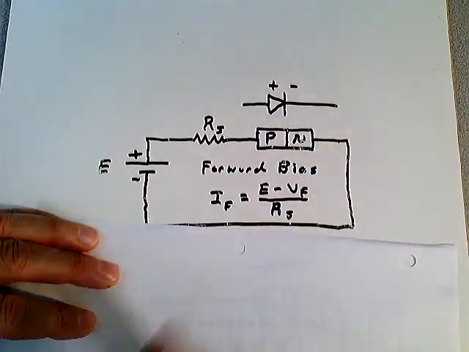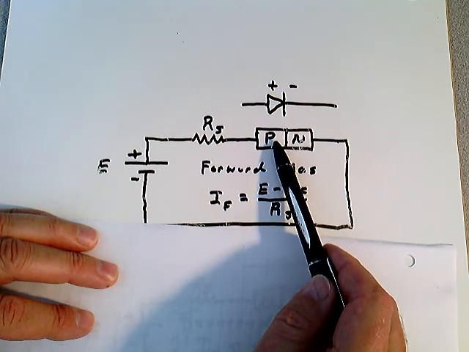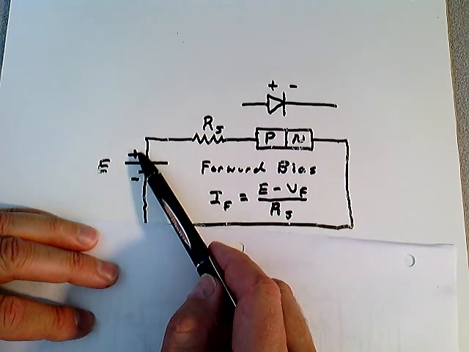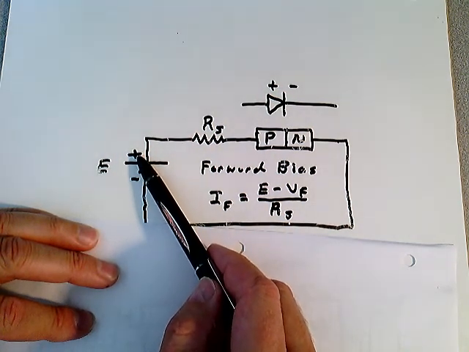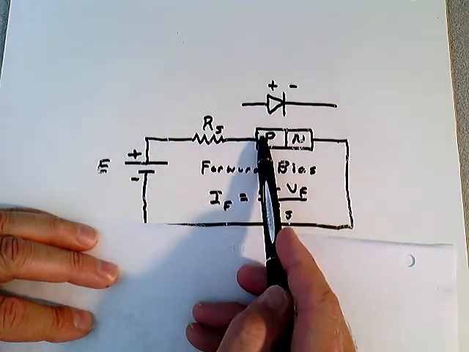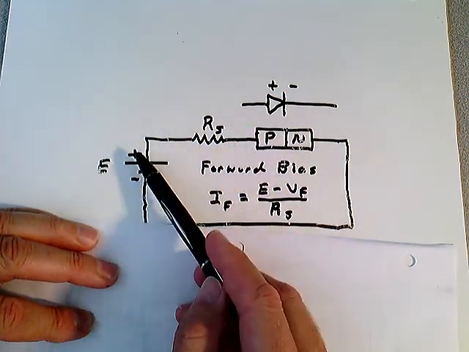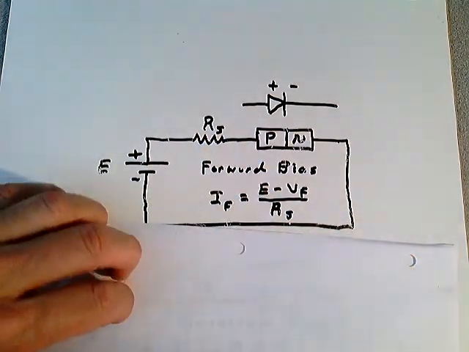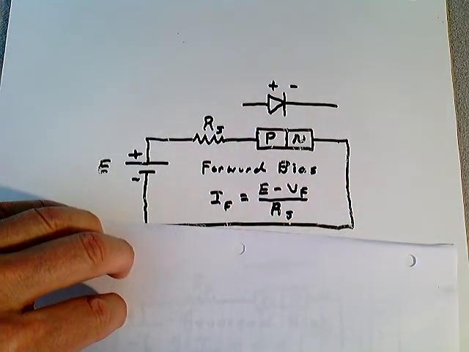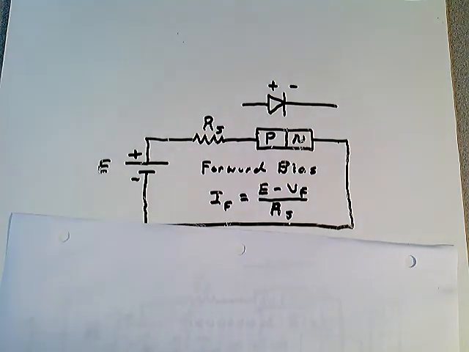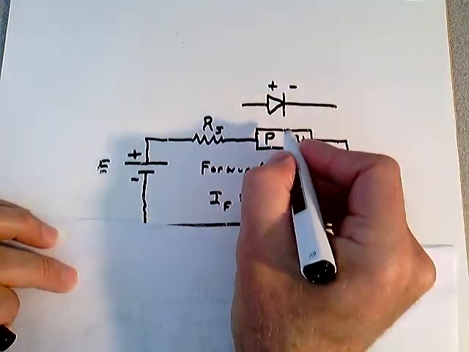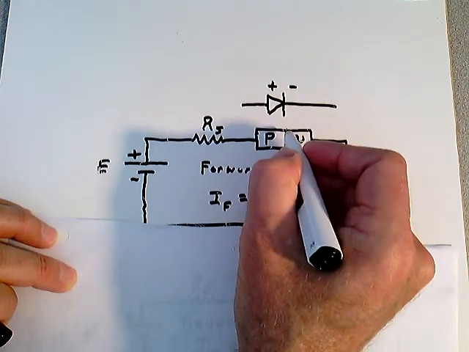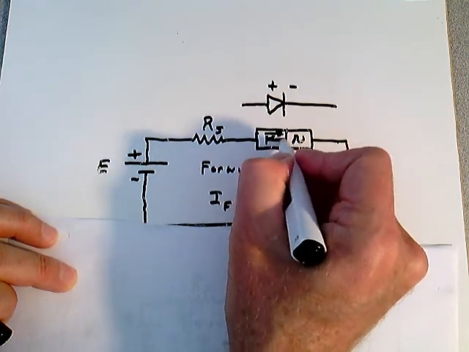Well, the positive material are hole charges, absence of electrons. And notice you have positive hole charges over here on the battery. And we know that like polarity, like charges repel each other. So what happens is the charges right here inside this device repel each other, so they get pushed toward that junction in this direction.